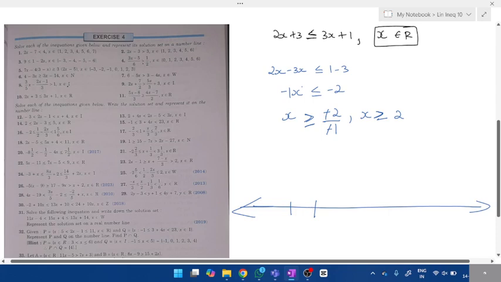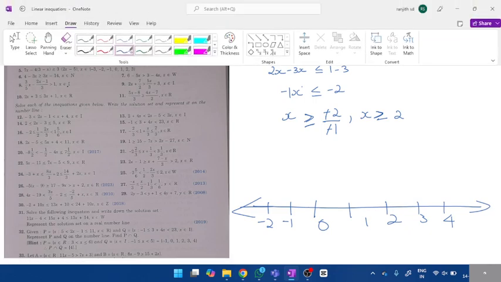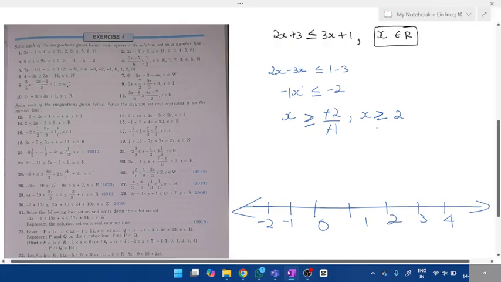So just for reference, we'll take two negative numbers. Two negative numbers are enough. 0, 1, 2, 3, 4. I'll take 4 positive. Now x is greater than or equal to 2. If it was not real number, if it was whole numbers, integers, natural numbers, what's the answer for this? x is greater than or equal to 2.